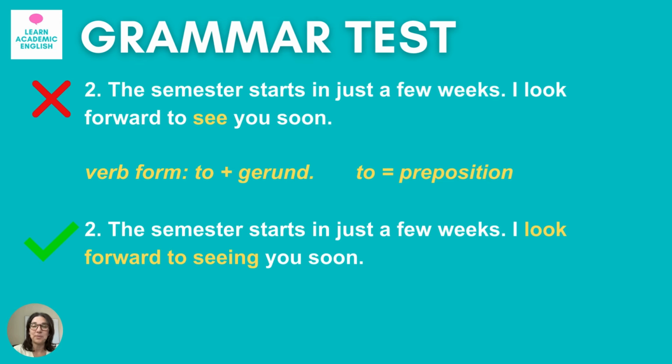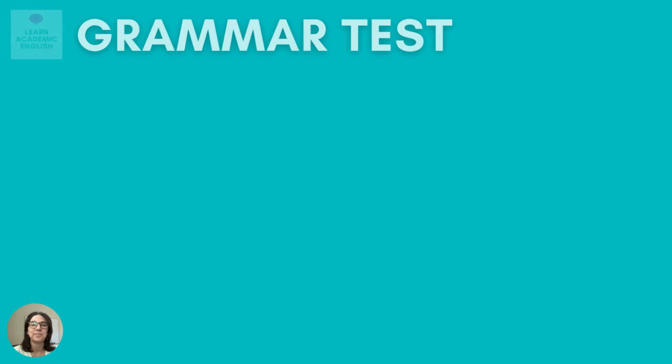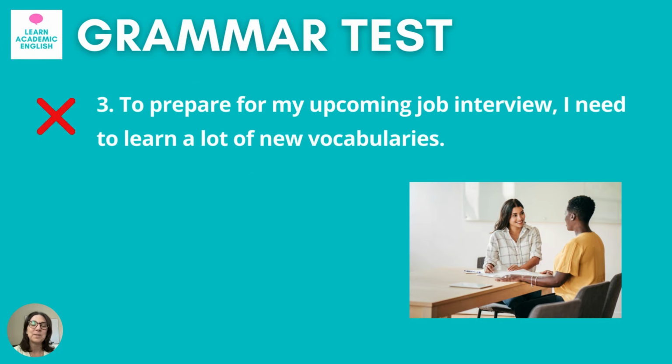We cannot use a verb here. If we want to change this verb to a noun, we're going to use the gerund. The semester starts in just a few weeks. I look forward to seeing you soon. So sometimes this can be confusing because you can see to and you can think, oh, it's the infinitive, but it's not. It's actually a preposition that needs to have a noun or a gerund after. Okay, let's look at the next one.